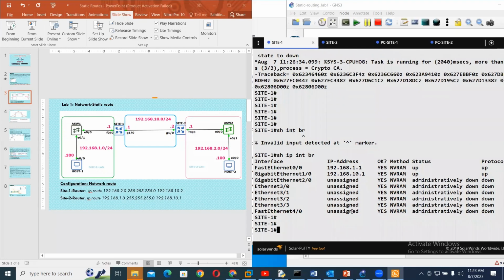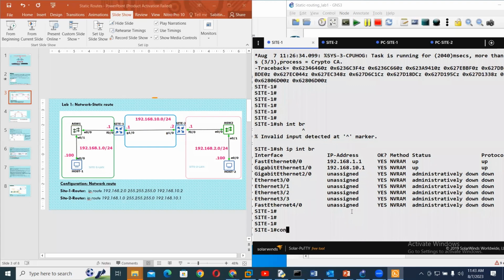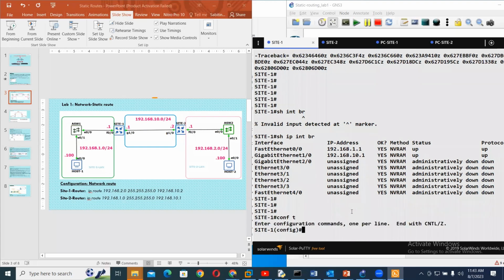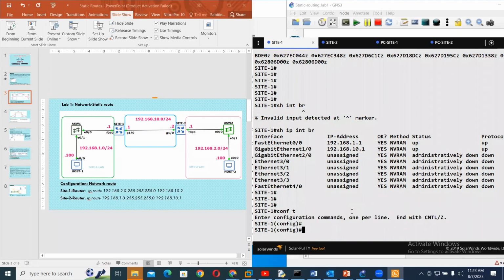So now what we do, we configure the static route. We enter into global configuration mode and configure the route, IP route.